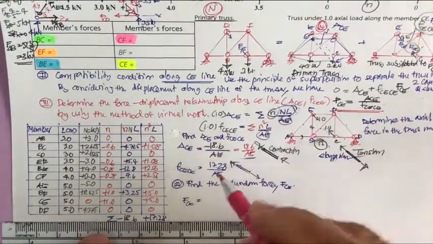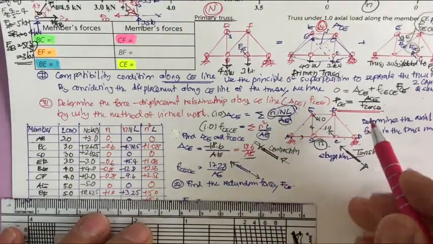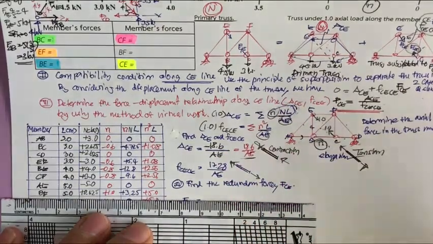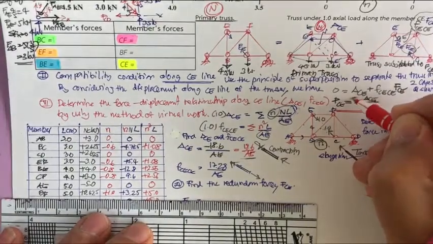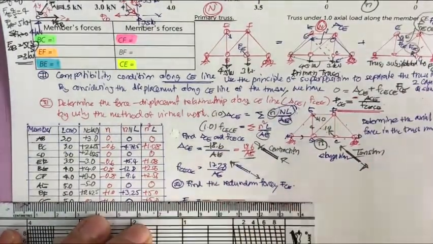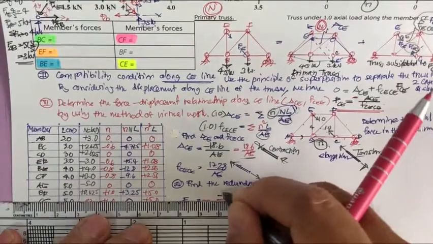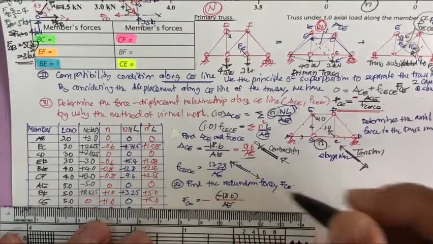F sub CE is going to be, don't forget about this one. Oh sorry, this is wrong. This is supposed to have a negative here. So we have negative here, divided by, this is negative 18.6 divided by AE.